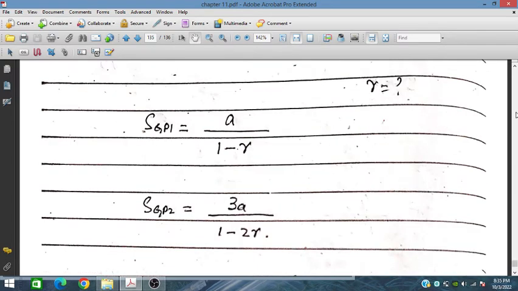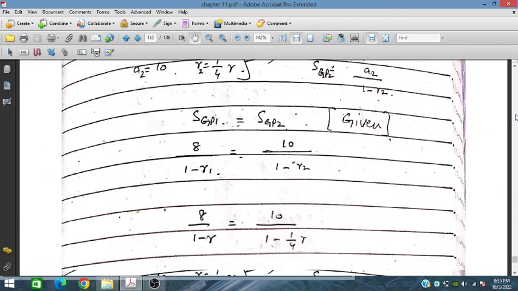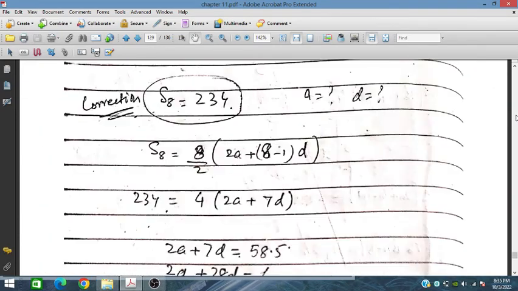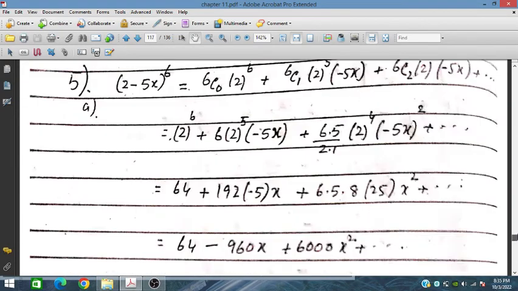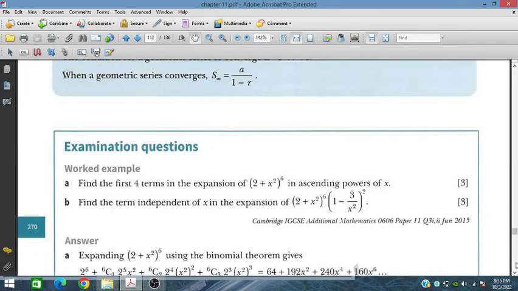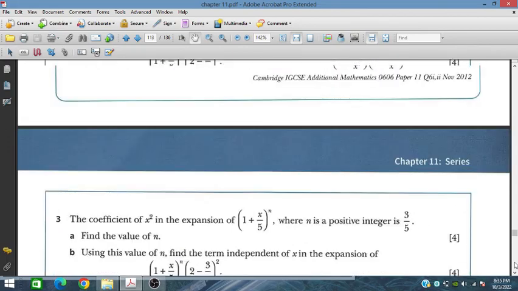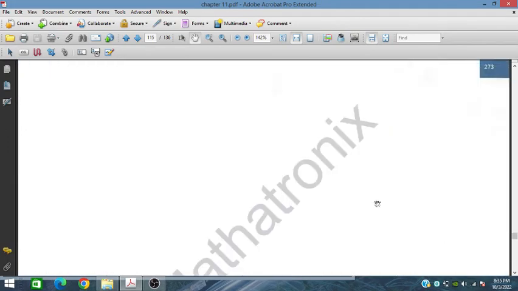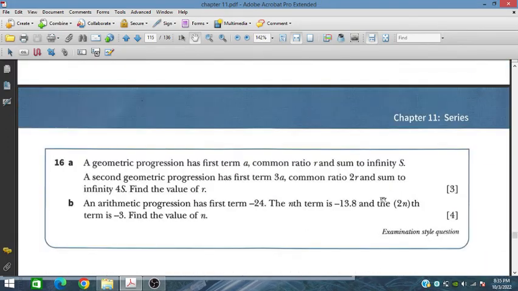Let's solve problem number 16. A geometric progression has a first term a and a common ratio r, and sum to infinity is s.